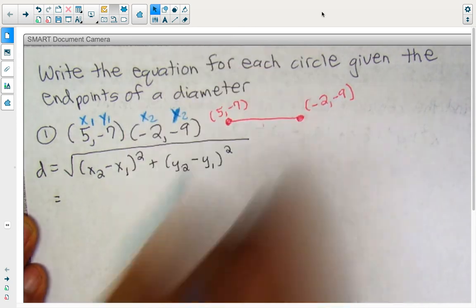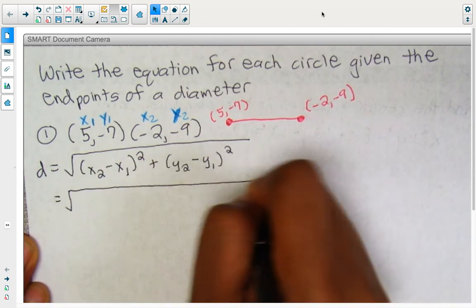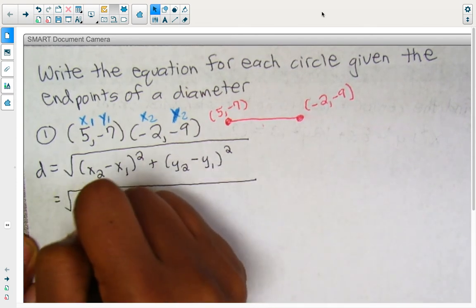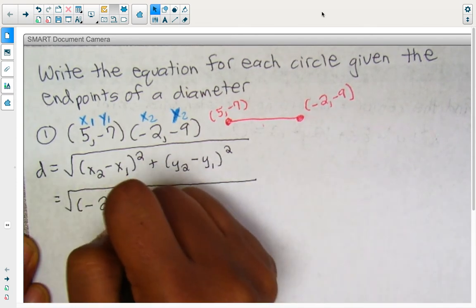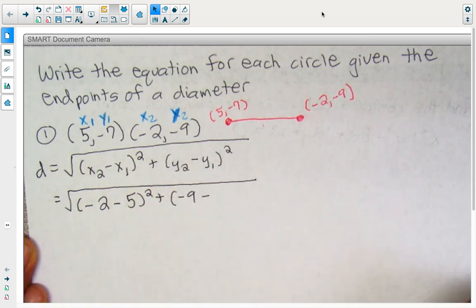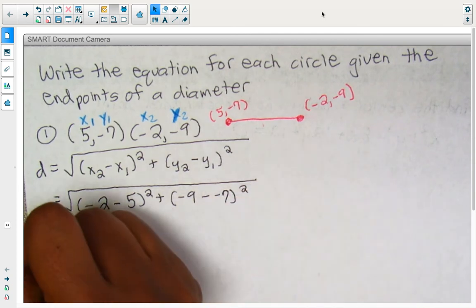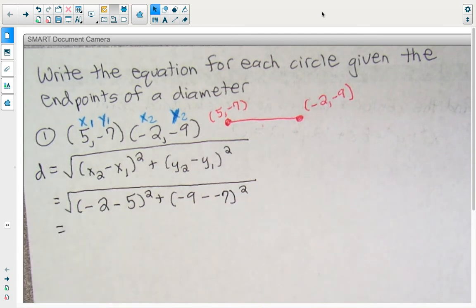Okay. If you need to take your numbers and plug them into the formula, there is nothing wrong with that. Just make sure that you are plugging them into the correct spot. So it says to do x2 minus x1 squared plus y2 minus y1 squared. You can type this in any kind of graphing device.